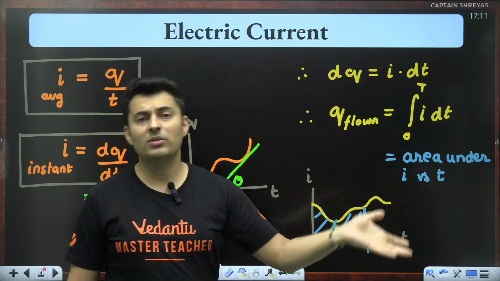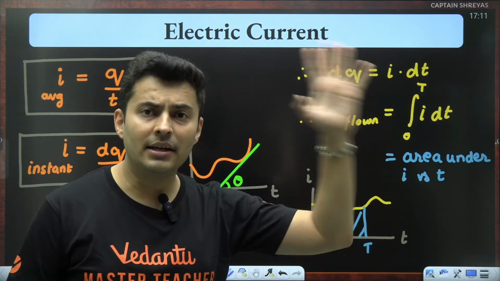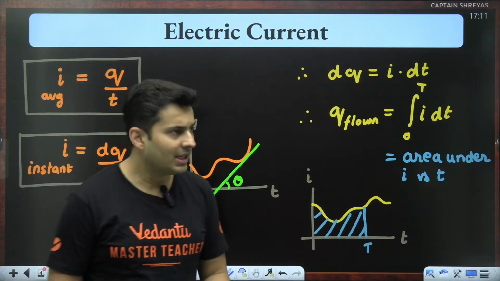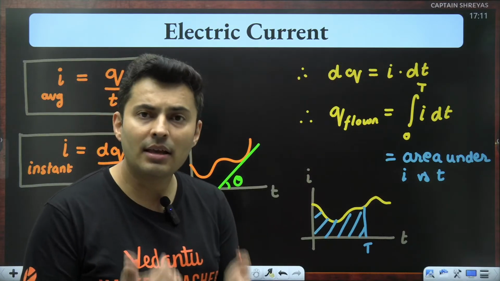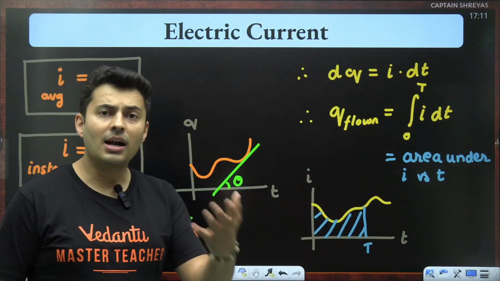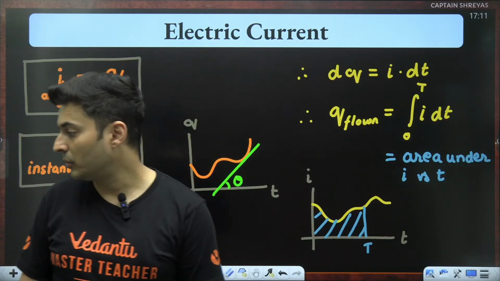Then go to mains PYQs, then go to more difficult questions, then go to advanced PYQs. In the end, you can make your own notes. Don't make your notes in the sheet. That is what you should be doing. And if you find difficulty in any concept, rewatch that particular concept video, or read the theory again from your textbook or some other resource. That's what you need to do.